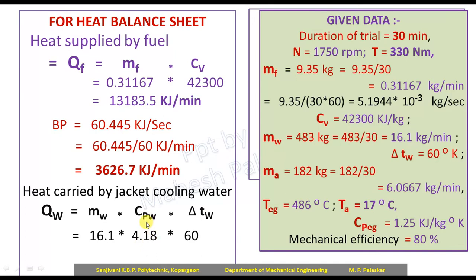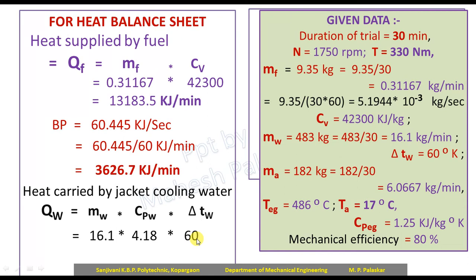4.18 is the specific heat of water. It may not be given, in this case it is not given, so we must know this value. Sometimes it is taken as 4.187 kilojoule per kg per degree Kelvin. Then the change in temperature of the cooling water is given, and that is 60 degree Kelvin. So that 60 I am writing here.